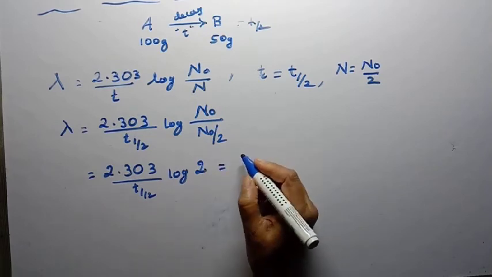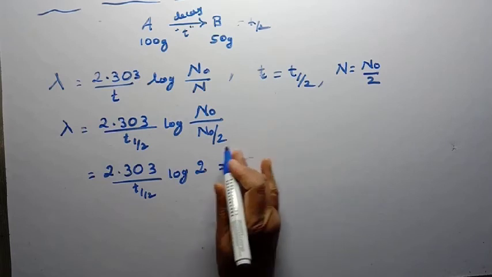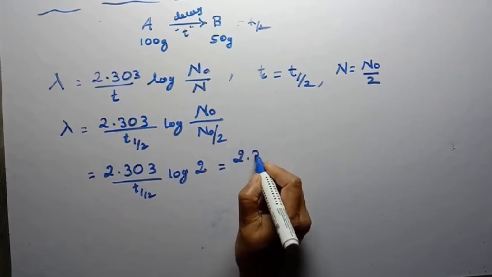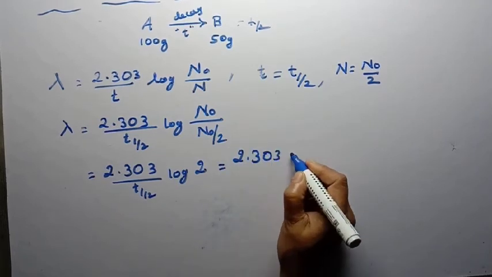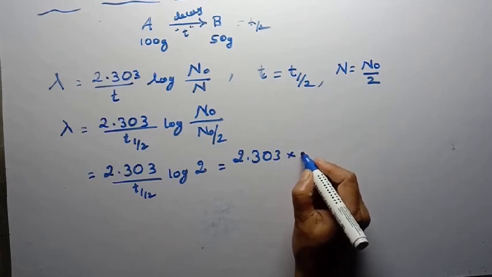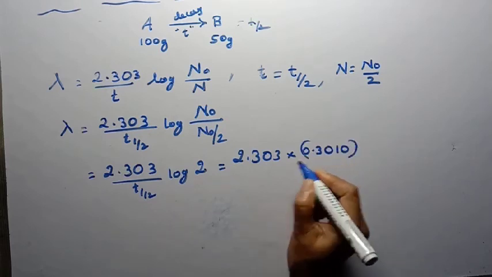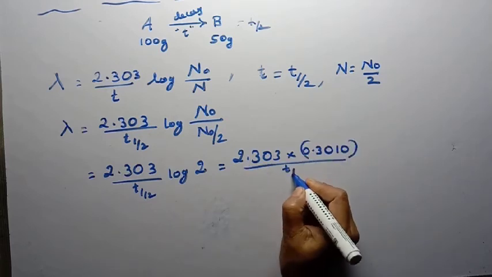On simplification, lambda is equal to 2.303 into log of 2, and log of 2 is 0.3010, by T half.